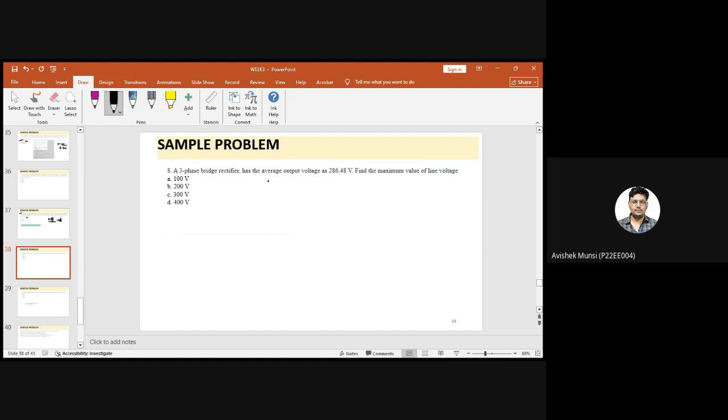So the next question: the average voltage of a three phase bridge rectifier is given, find the maximum value of the line voltage. Vm is given, you have to calculate the VL max.